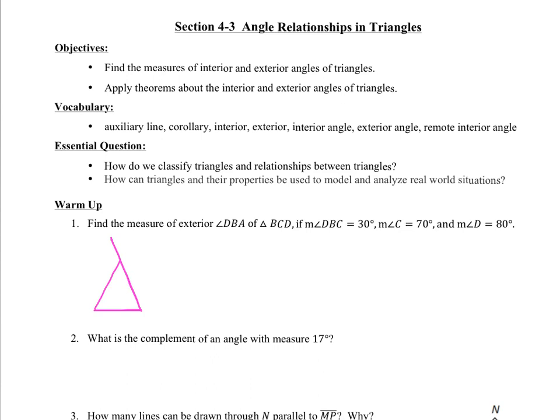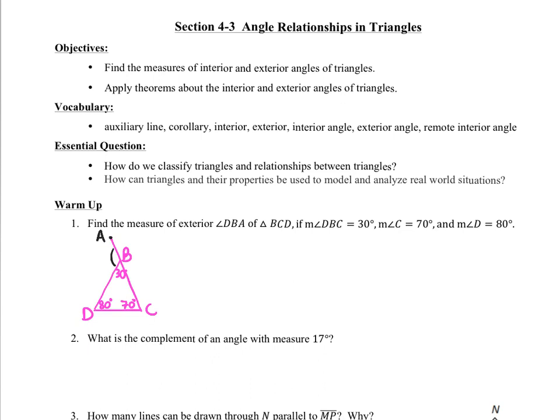The name of this triangle is BCD, and the measures are 30 degrees at angle DBC, the measure of angle C is 70 degrees, and the measure of angle D is 80 degrees. Now, what we're asked to find is the measure of angle DBA, with A being an exterior point and the angle being this exterior angle.